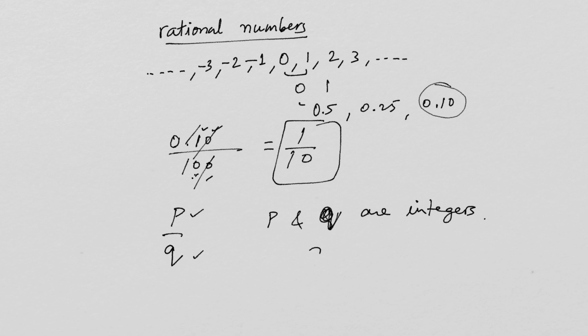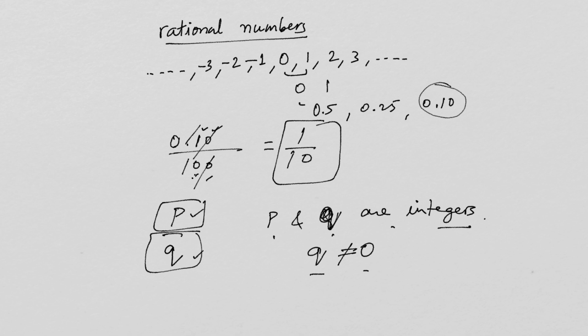There is a condition that Q should not be equal to 0, because we cannot divide anything by 0. Then it will be undefined. So a rational number is a number in the form P by Q, where P and Q are integers and Q is not equal to 0.